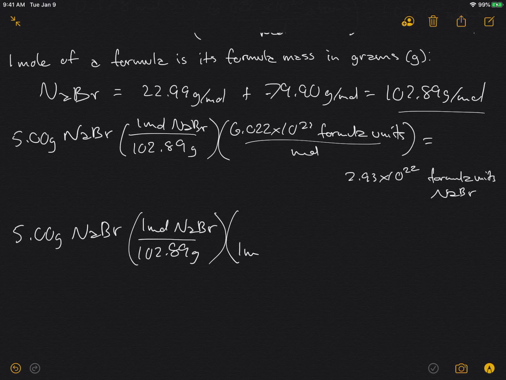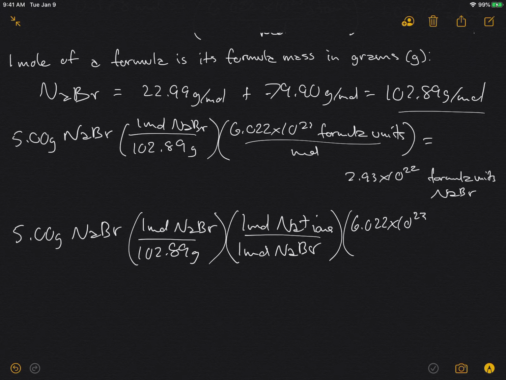And for every 1 mole of sodium bromide, you have 1 mole of sodium ions, right? Since each formula contains 1 sodium ion. If there were 2 sodium ions in the formula, you would put a 2 in front of moles of sodium plus ions. Okay, and then last step, same thing, multiply by Avogadro's constant.